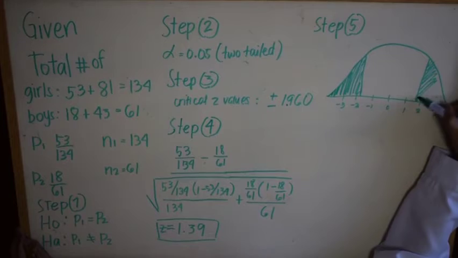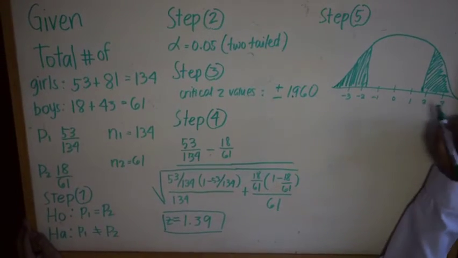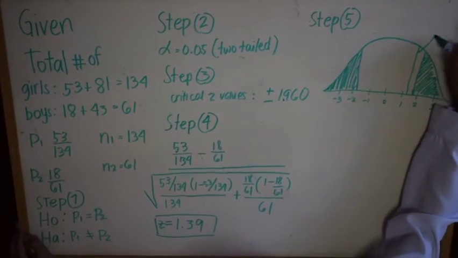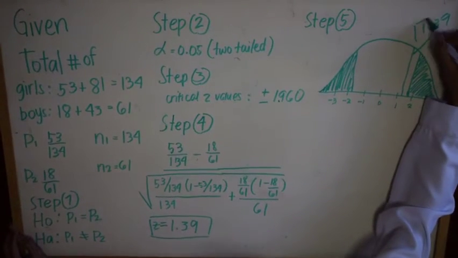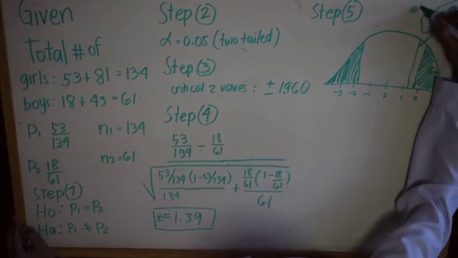We will show where 1.39 is located. So we will not reject H0.